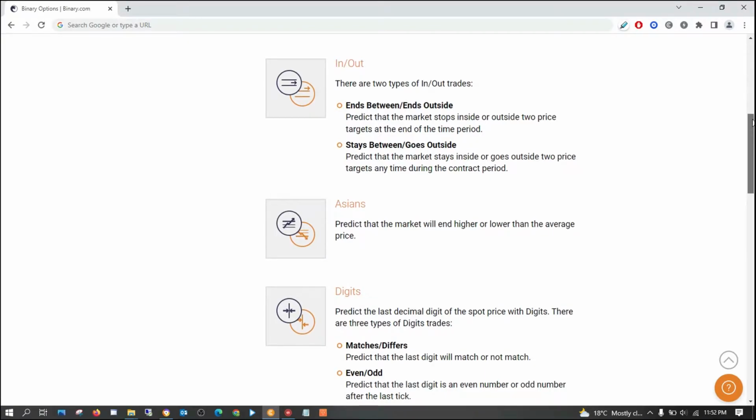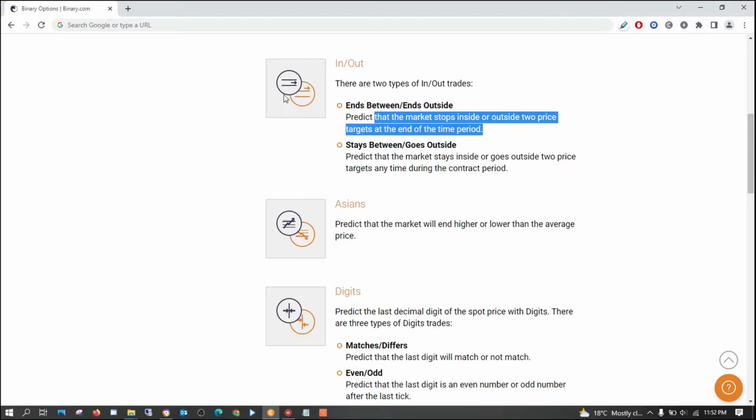And we have another one which is called ins and outs. There are two types of in and out trades: ends between and ends outside. Ends between or ends outside predicts that the market will stop inside or outside the two price targets at the end of the time period.